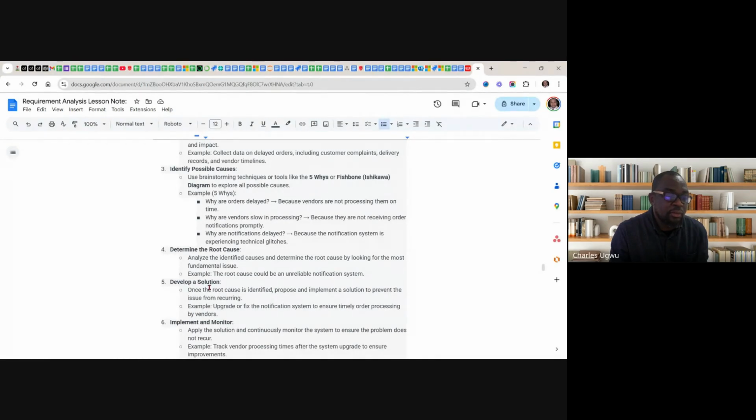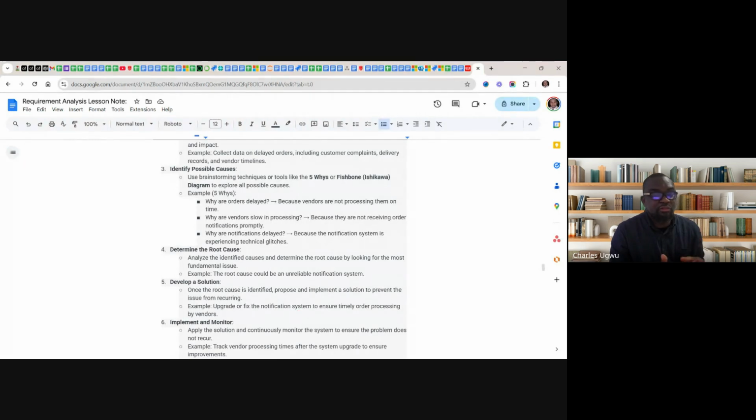Okay, develop a solution. Once the root cause is identified, propose and implement a solution to prevent the issue from reoccurring. Example, upgrade or fix the notification system.